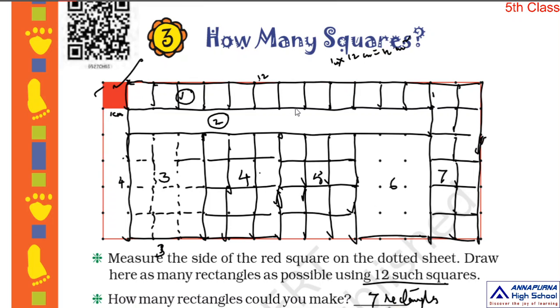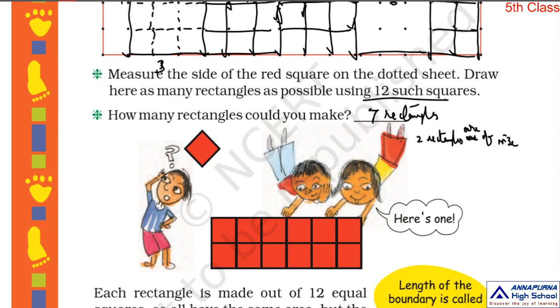So we can write the rectangle of size 1 into 12. Let me write here: size 1 into 12, so 1 centimeter into 12. We can take the unit as centimeter.